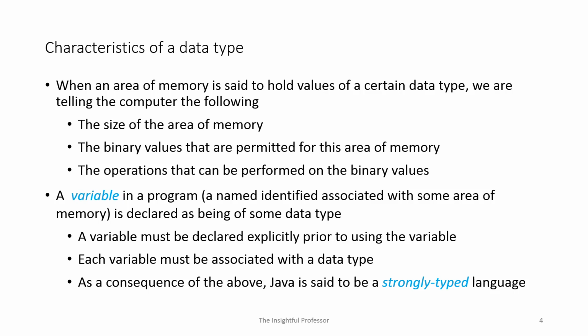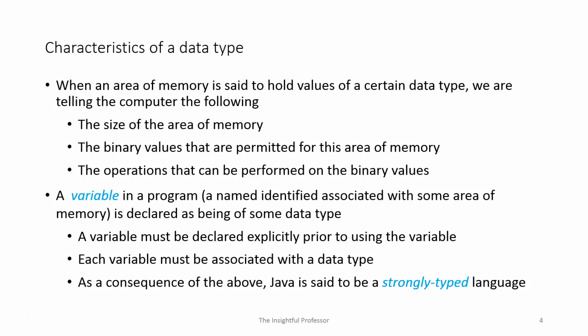So what are the characteristics of a data type? Well, when we declare something as being of a data type, that is, allocate a chunk of memory and say this memory is going to be treated as a character, or this memory is going to be treated as an integer, and so forth, we're specifying a data type, and that data type will determine how much memory the Java compiler will allocate, the size of memory.